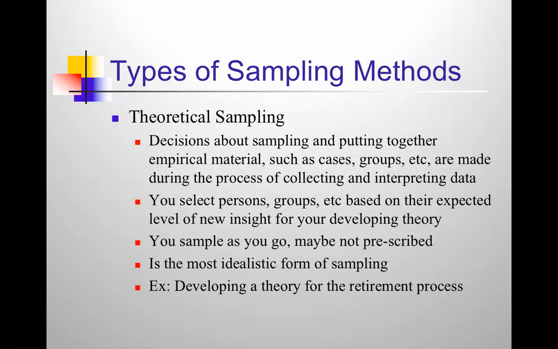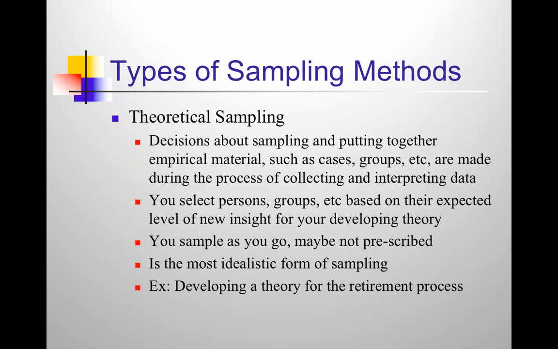Theoretical sampling is another type, and this is probably a more common type. This is about making decisions about sampling, putting together empirical material, such as cases and groups, during the process of collecting and interpreting data.